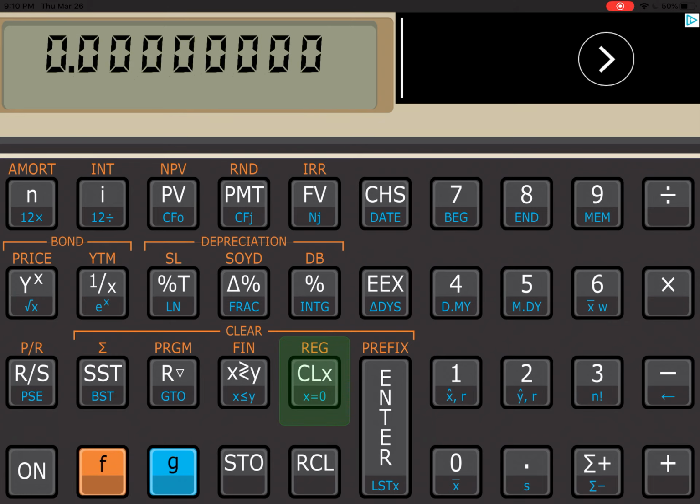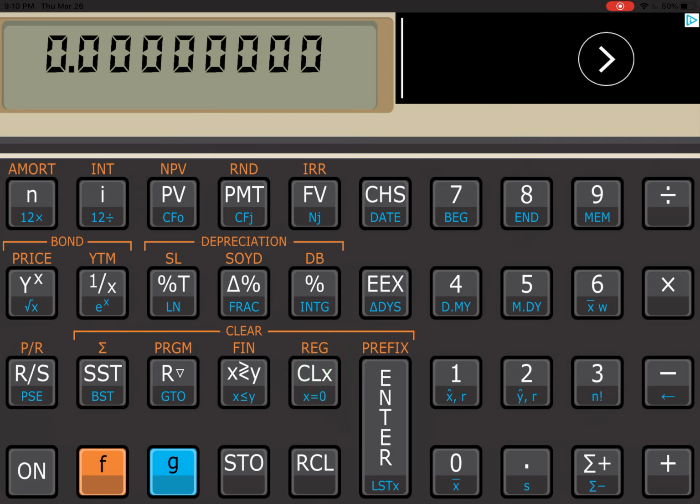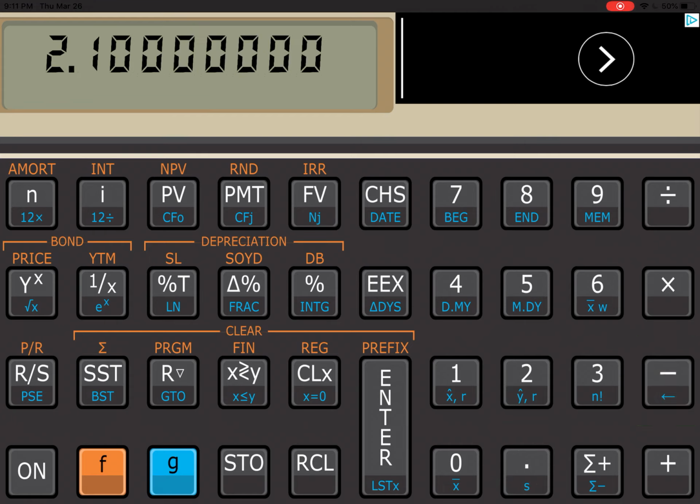F clear X, G clear X. $34.60 was the selling price, enter, 32.5 is the purchase price, minus.